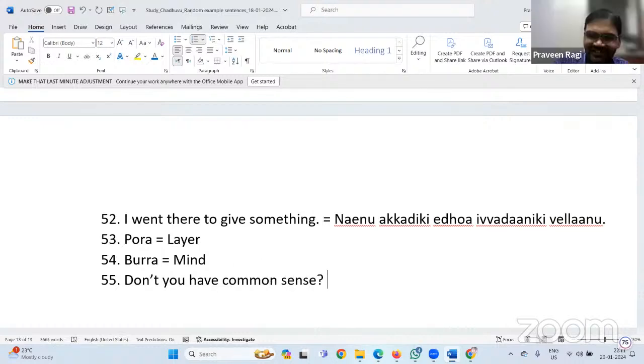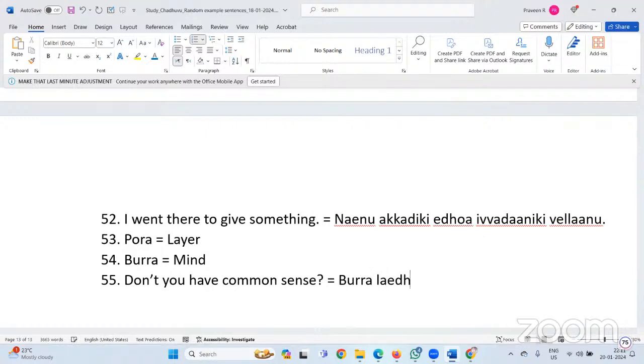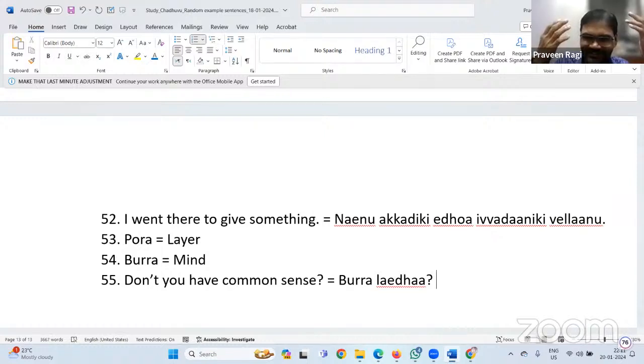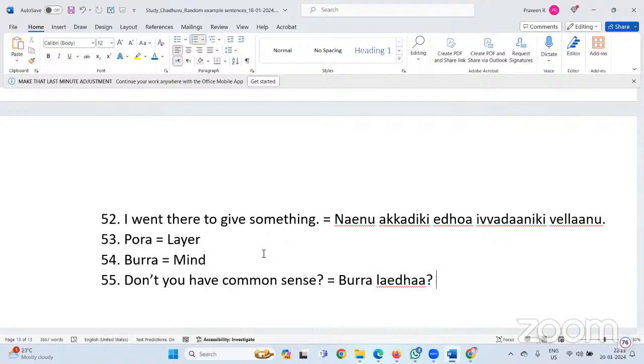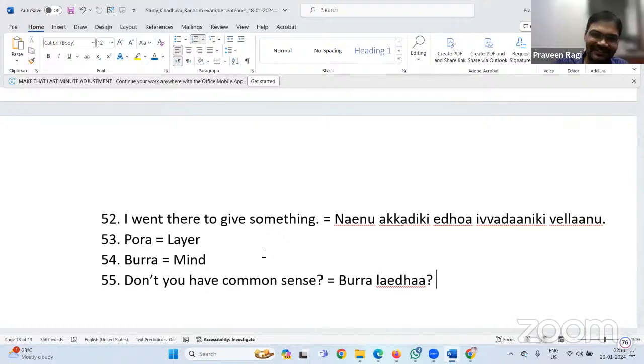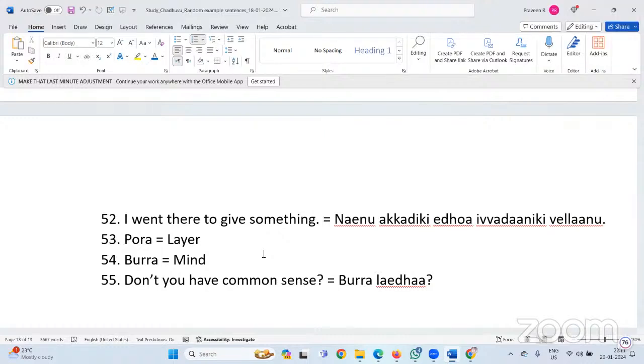Sometimes to translate this one, people say burra leda. Burra means mind. So if somebody doesn't have thinking mind, like proper thinking style, they don't have common sense. So buraleda, like casual sentence. Don't you have common sense? Yeah, like that. But this is not the true translation, but it is context. Okay.